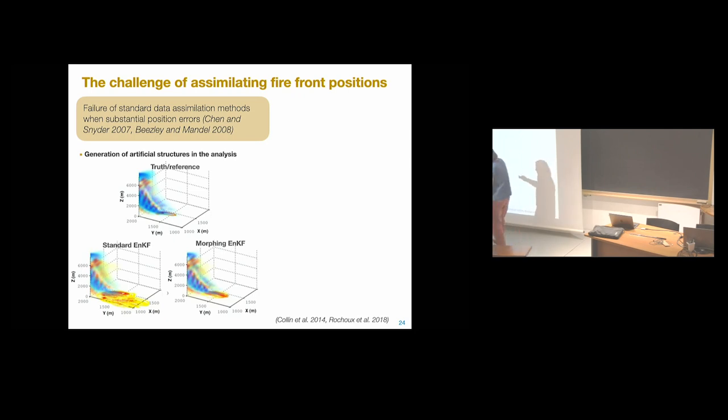Because instead of changing the position of the front to have a simulation that is more consistent with observation, they tend to create artificial structures. So for a hurricane, instead of having one, you have two. It's an issue, and for fire, it could do the same.